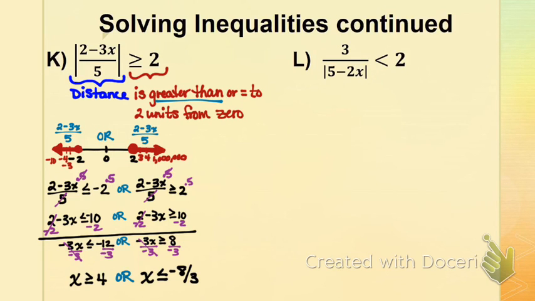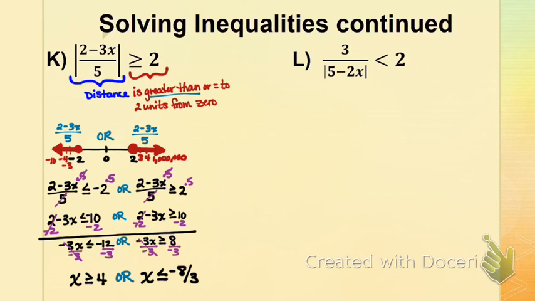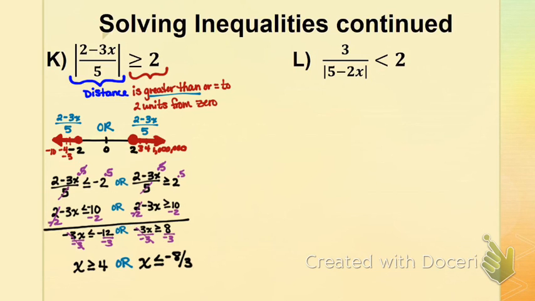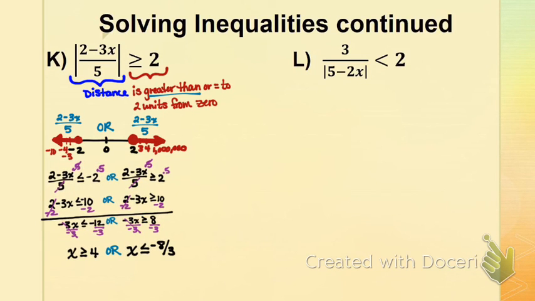Last thing I need to do is write my interval notation. Do we have the smallest thing on the left right now? On the left, I have x is greater than 4. Is that the smallest thing? Greater than 4? That's the smallest?